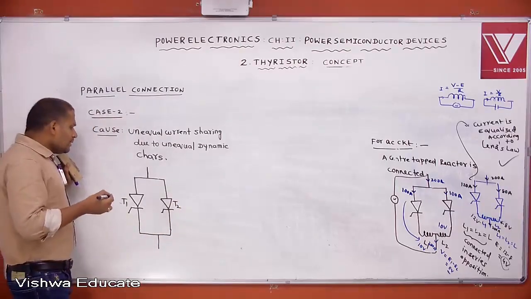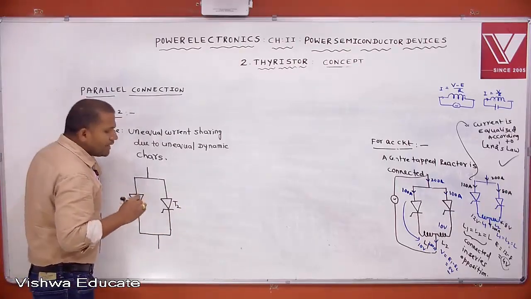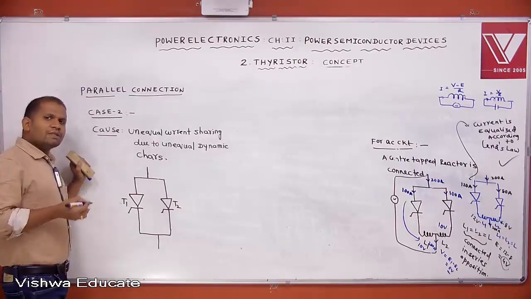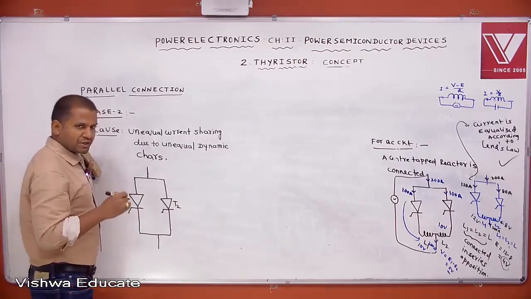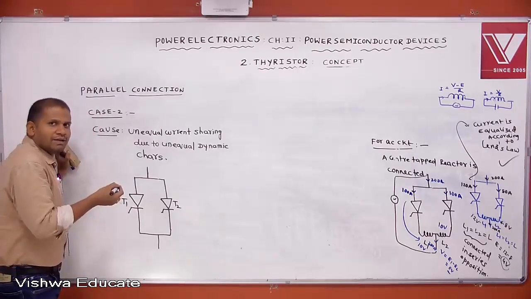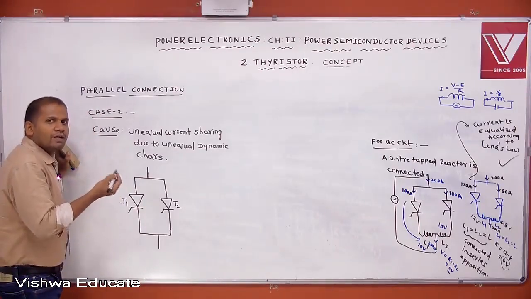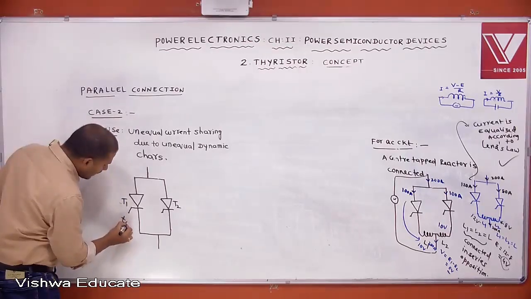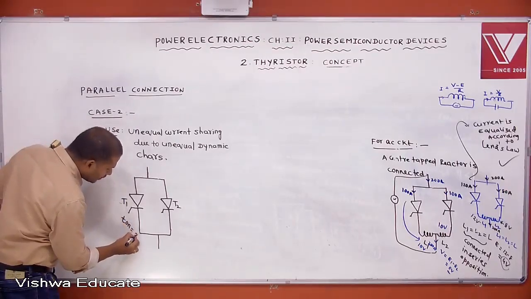We are selecting SCRs with the same rating and same specifications. Even though the SCRs have the same rating and specifications, practically they don't have the same dynamic characteristics. The reason, you know, is unequal charge distribution. Let the turn on time of T1 be 20 microseconds.